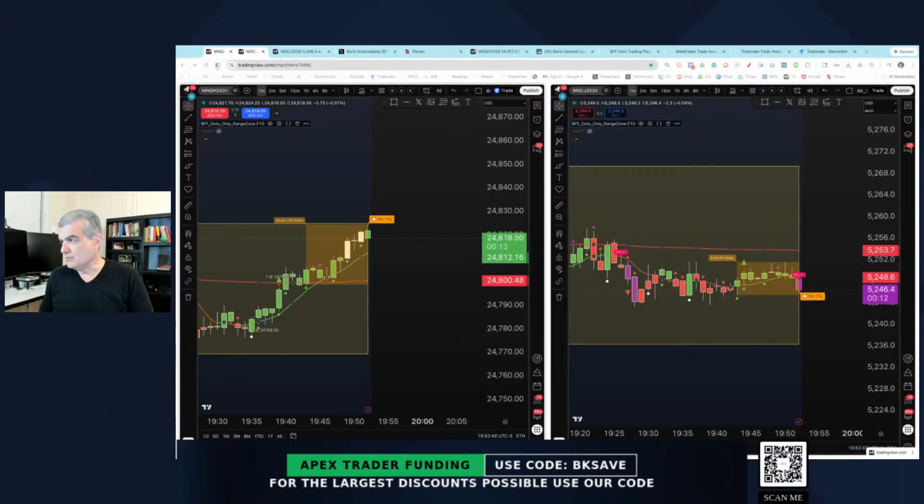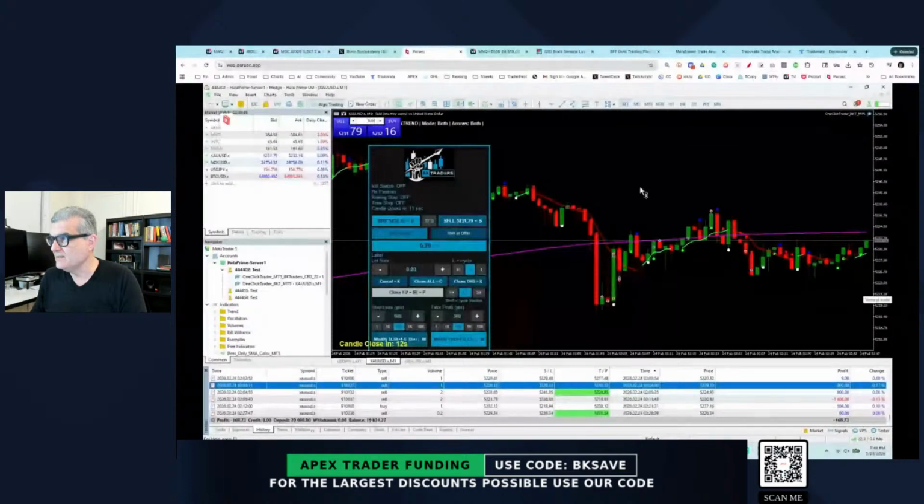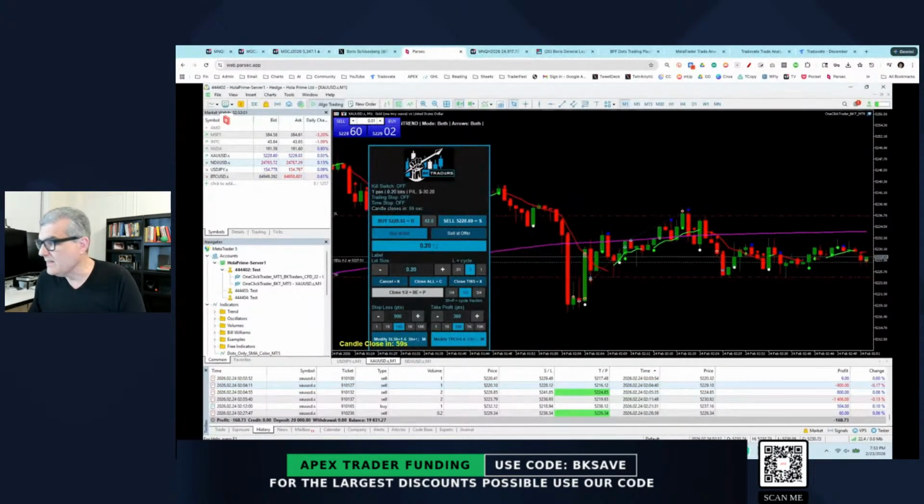All right, gold giving us a little bit of a sell signal. So, too legit to quit. Let's trade that. Not a lot, but okay. Modify at 6, and I would modify it 2 over here.